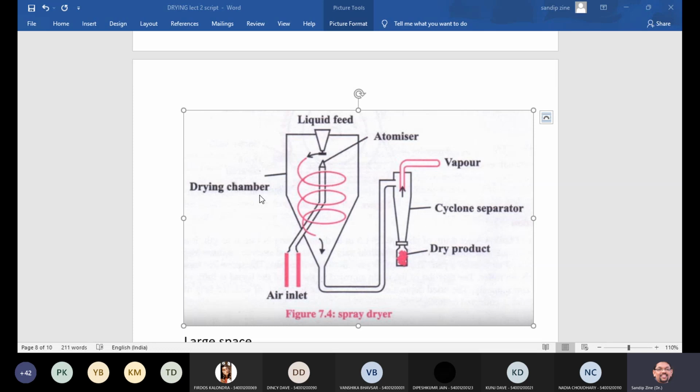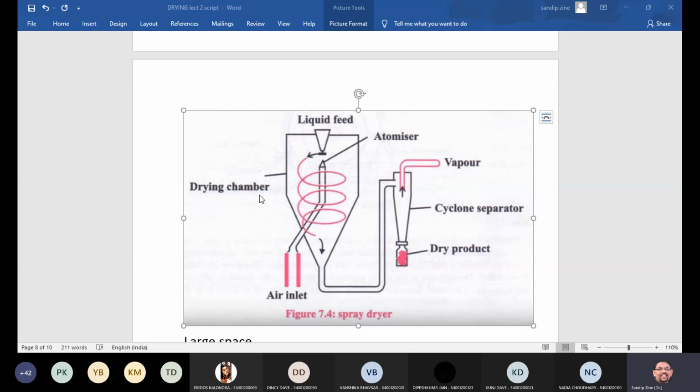As per my understanding, the role of the cyclone separator is, with the help of the centrifugal force, to throw the dried particles to the bottom, where they are collected in our reservoir, and the vapors are removed from the top.